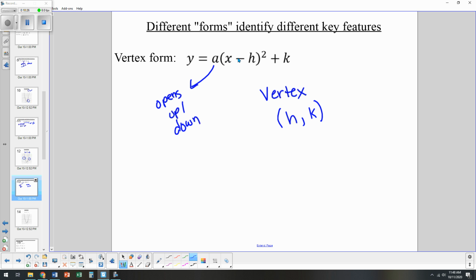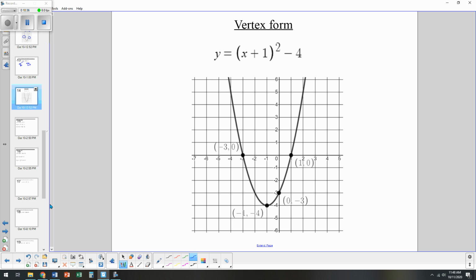So notice it was x minus h, so we're going to take the opposite value of inside, and then plus k, whatever number that was exactly. So looking at this one, I see that my vertex should be opposite of positive 1, and then minus 4. And if I look at my picture, my vertex was (negative 1, negative 4).